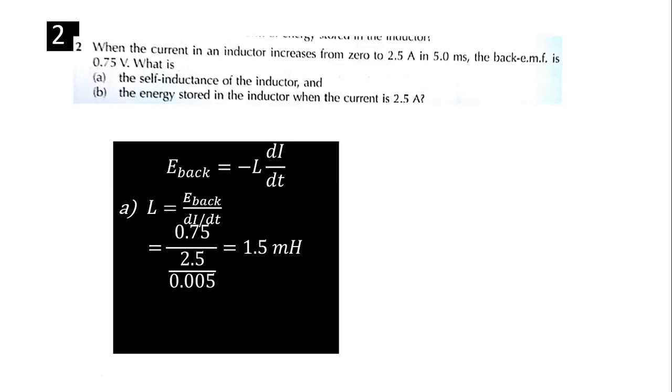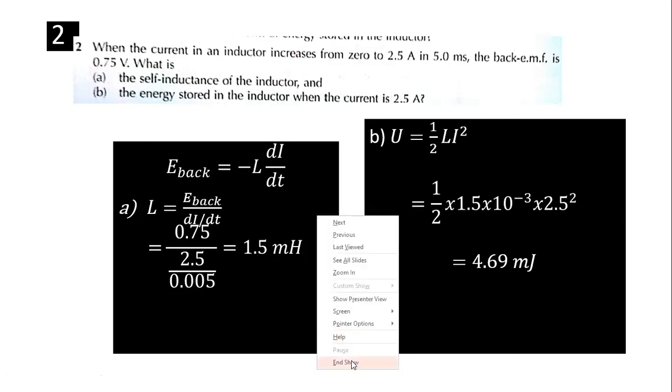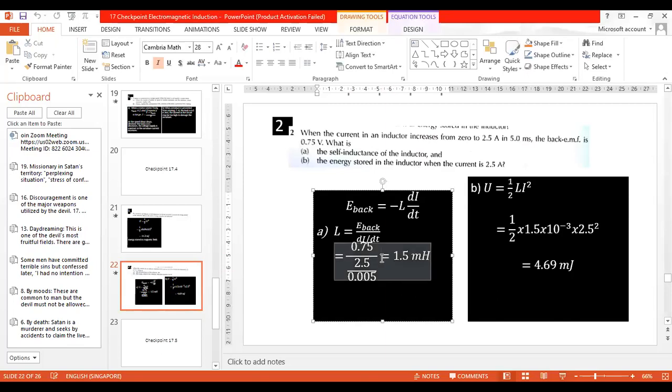Then, the energy stored in the inductor when the current is 2.5 ampere: same formula, U is half L I squared. Any comment? Any question? This is straightforward, just to get you to memorize the formula. If you do it, you should be able to memorize the formula.